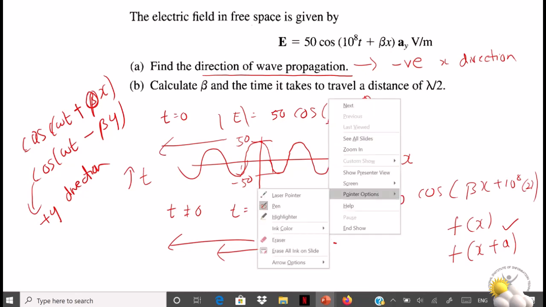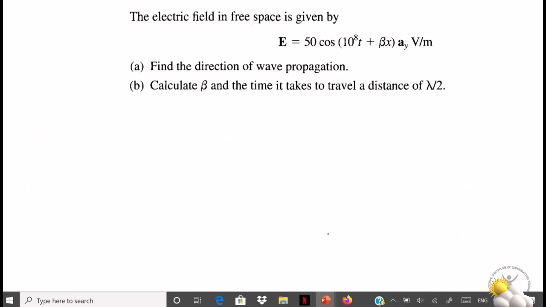The next one is we need to calculate this beta. What is this beta? In fact, it's called the phase constant. In this case, you can call it beta or k. It's all equal. Beta is k. This beta is nothing but the phase constant, or sometimes k is called the wave number, or it has another name, spatial frequency, how fast the wave is changing in space.